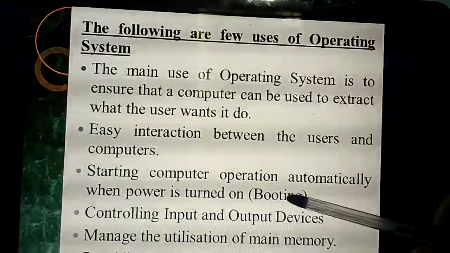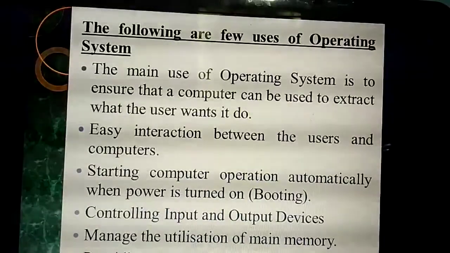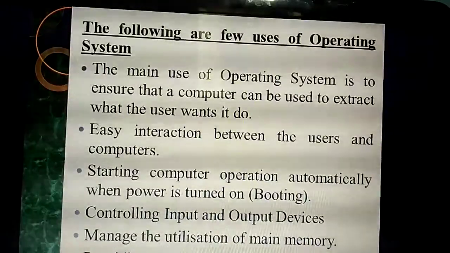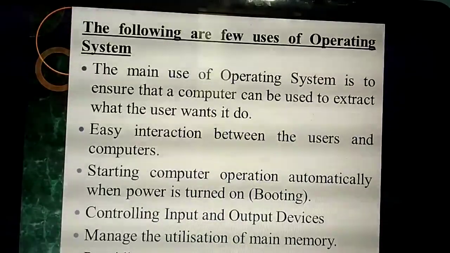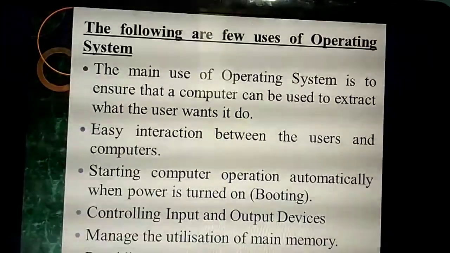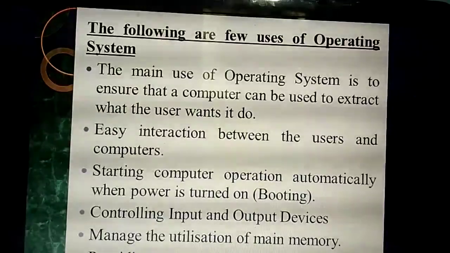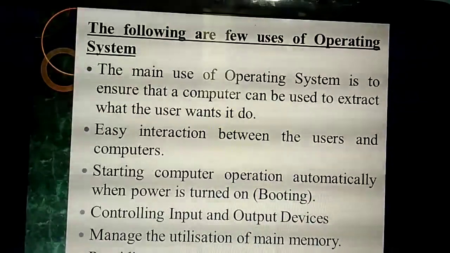That process is called booting. Then the operating system will control the input devices and output devices, maybe keyboard, monitor. Two slides before, I explained with one diagram. The same thing: the operating system will control all input and output devices.